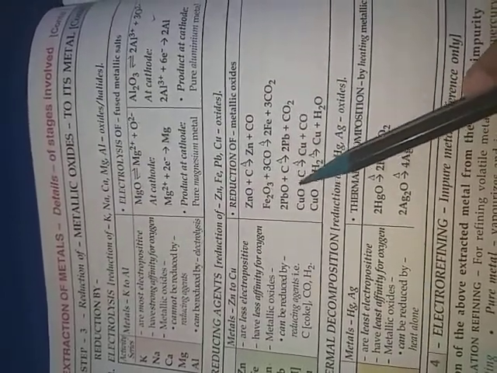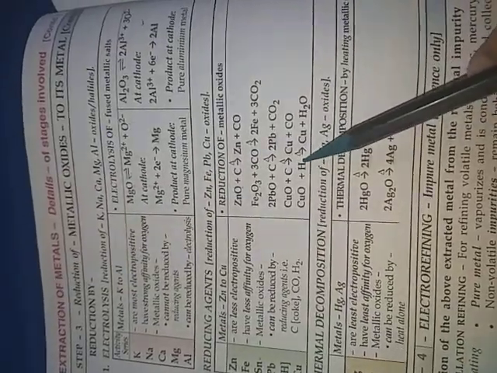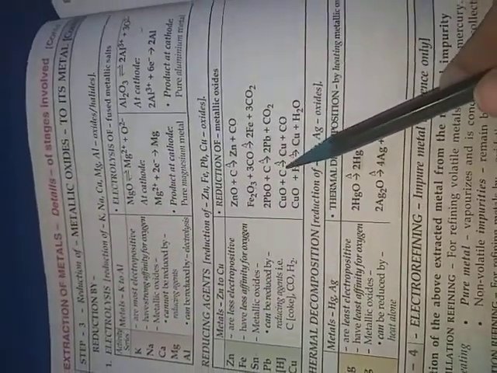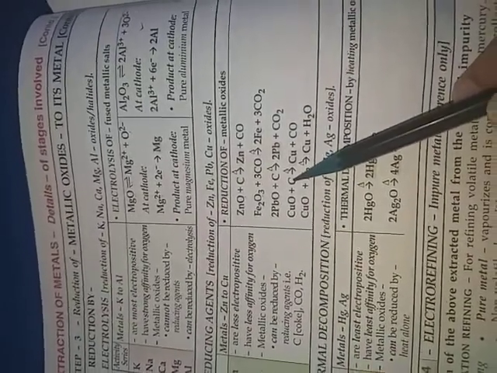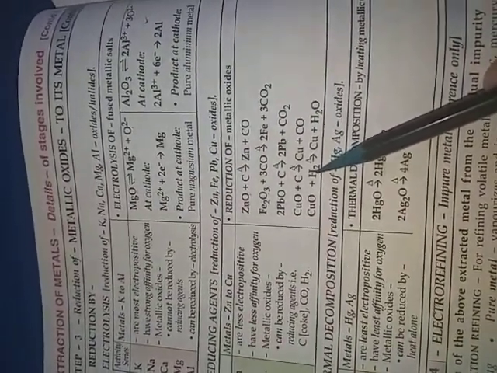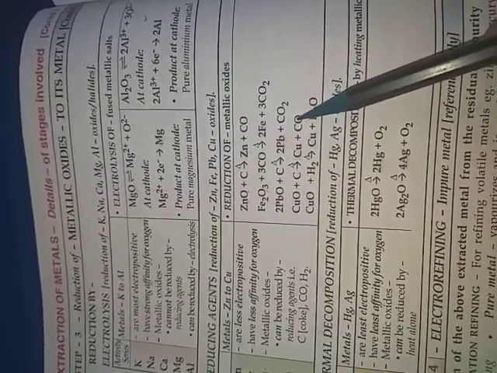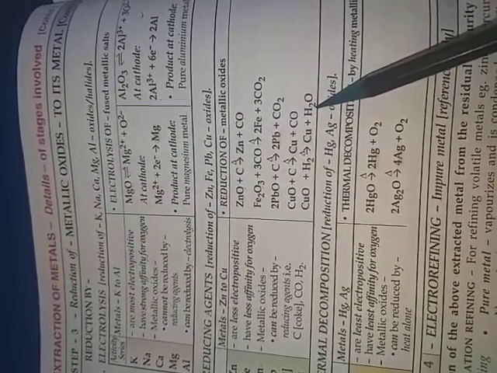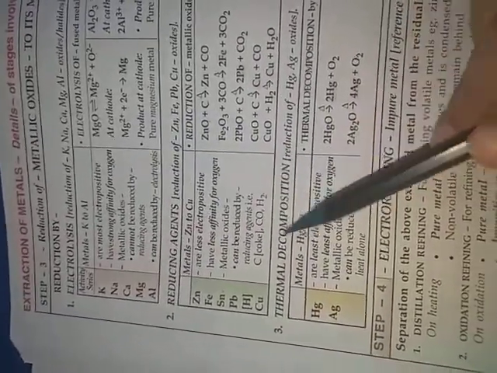Here copper oxide is there. When heated in the presence of coke and hydrogen separately, it will reduce to copper. Here carbon monoxide is formed and here it will form water. So this was about the reactivity of the middle elements, which are less electropositive.